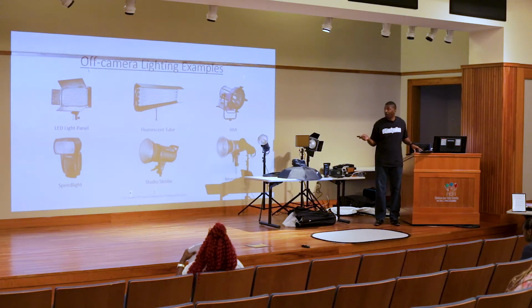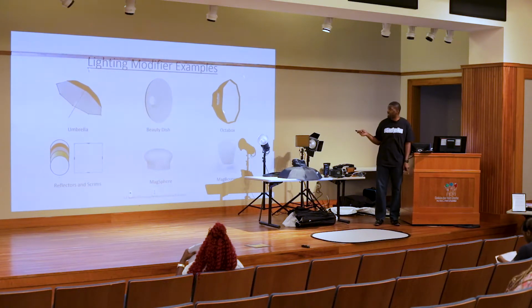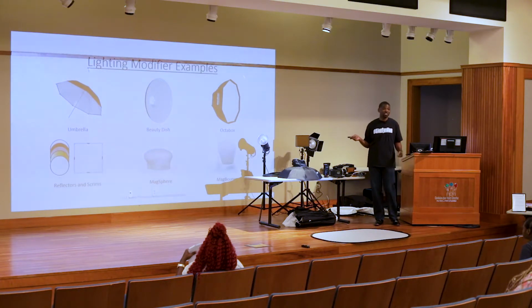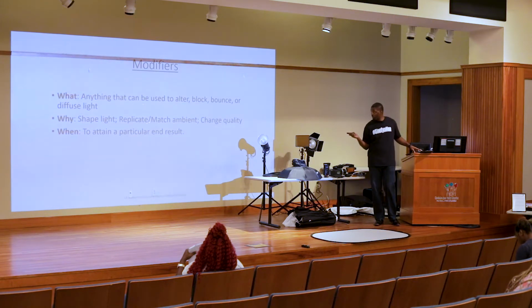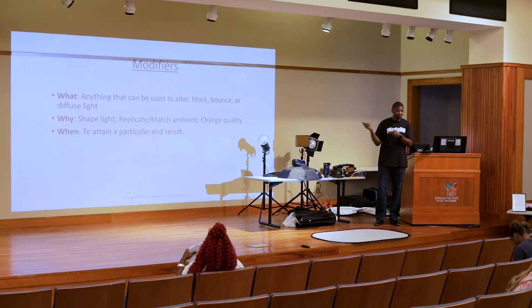If you're in hard, you want to use a big light source in relationship to your subject to give you soft. That's how you change the quality of light. If you want to replicate it, you use hard for hard, soft for soft.